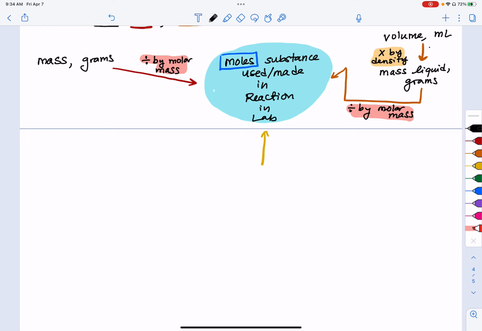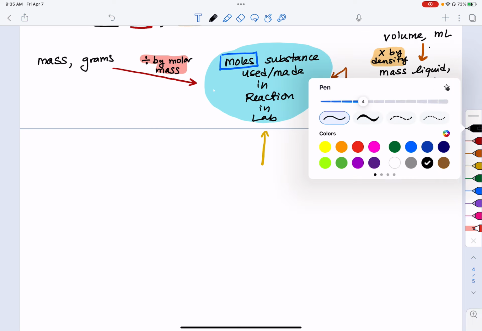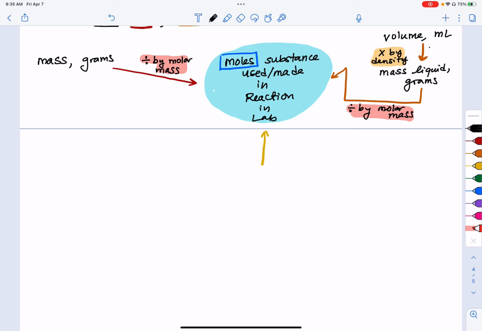So let's remember, if we have a concentration in molarity, which recall is moles per liter, then if I want to obtain moles, I better take my molarity and multiply by my volume of solution in liters.